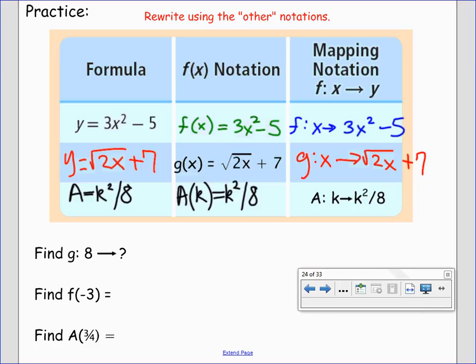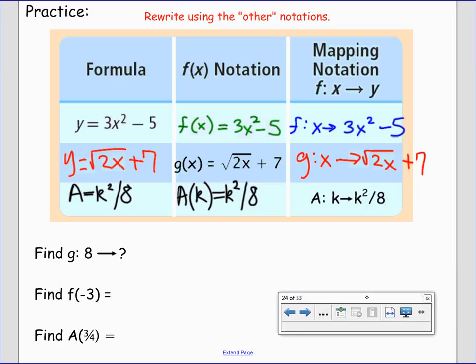Now let's evaluate. Let's find the value of g when my input is 8. It maps it onto outputs according to the rule square root of 2 times input, close radical, and then plus 7. Let's do it. So g accepts input values x and maps them onto square root of 2 times x, close radical, plus 7 last.